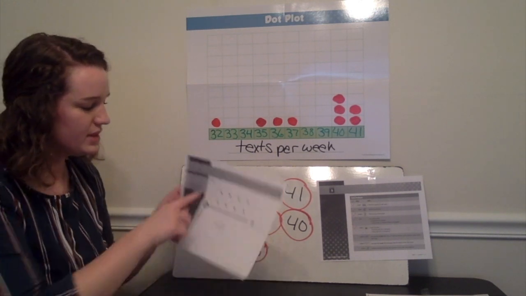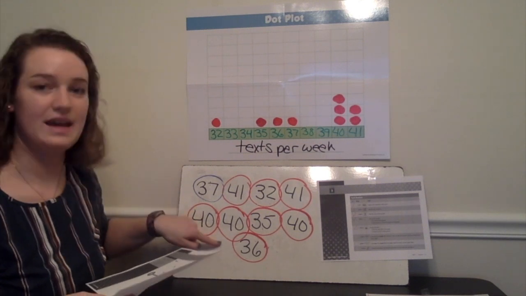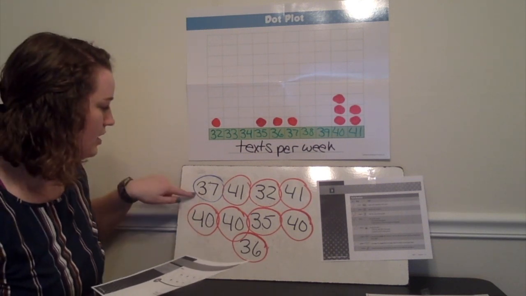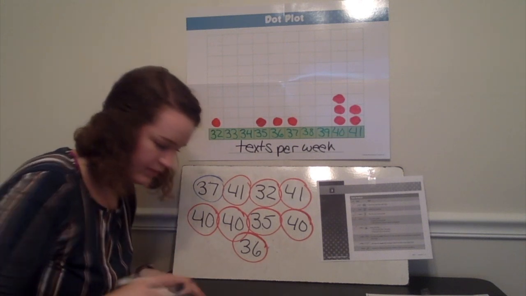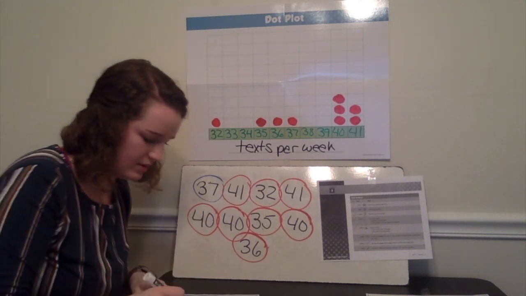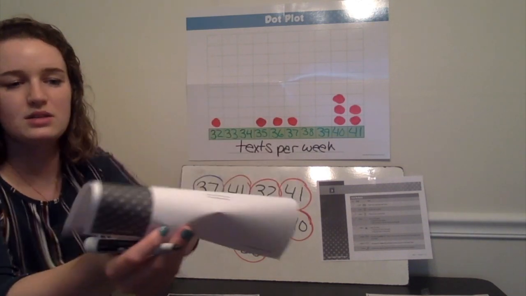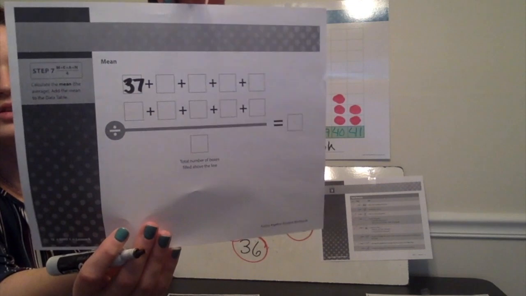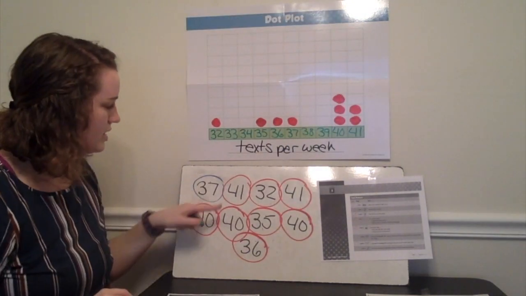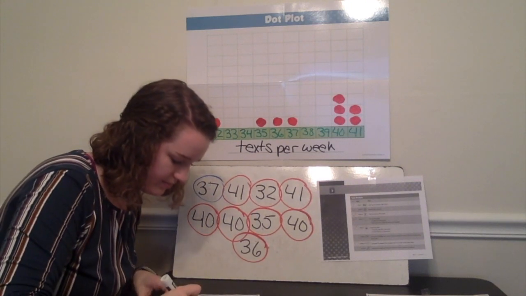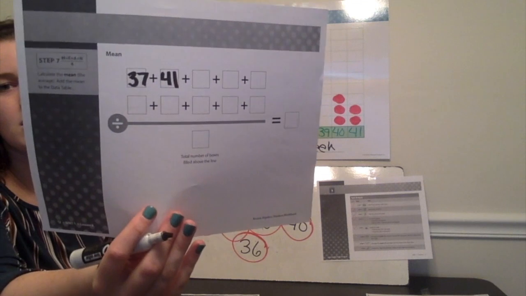So in all of these boxes here, we're going to write all of our numbers in our data set, okay? So we're going to start with 37. We're going to write 37 in our first box like this. 37, okay? And our next number is 41. That goes in our second box, 41.